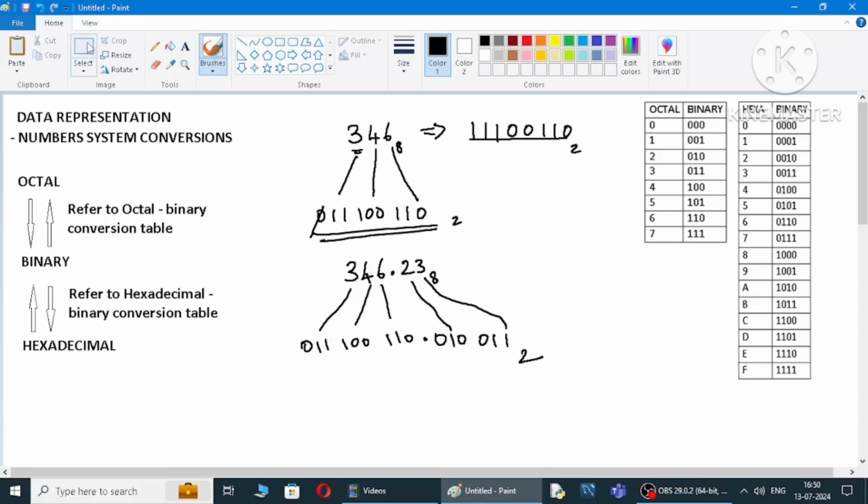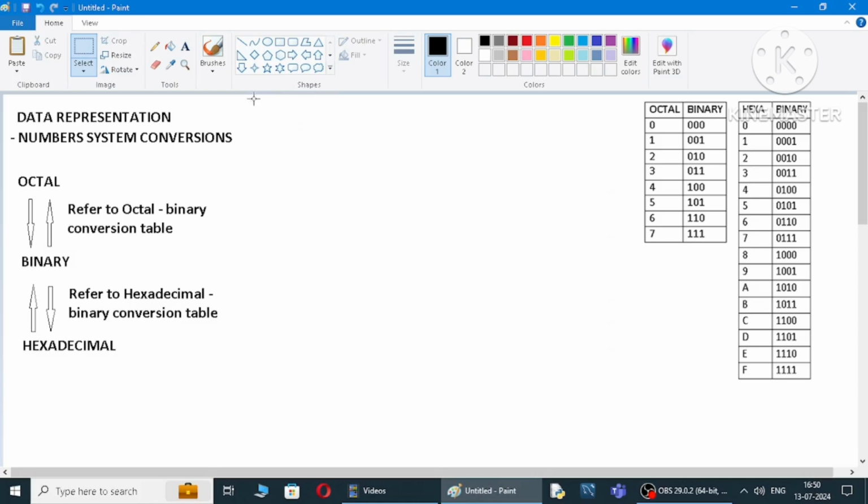Now how to convert a number from binary to octal? Again, it's very simple. Suppose you have a number like this to the base 2. Now convert this binary number to octal number system. Now always start in this direction from the least significant bit.